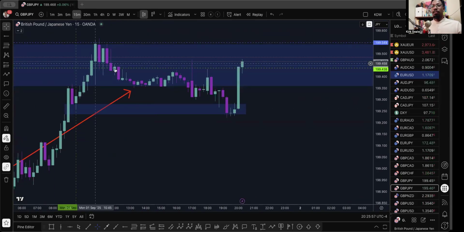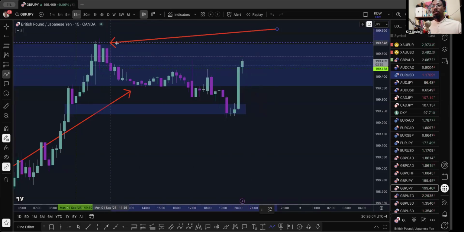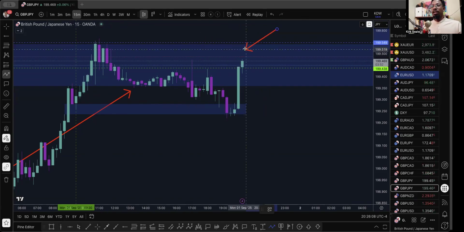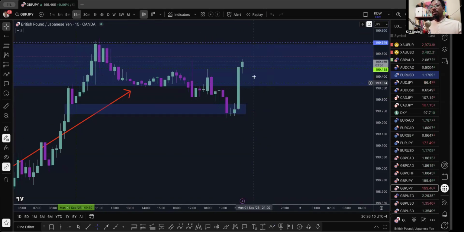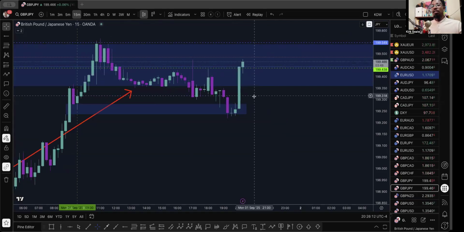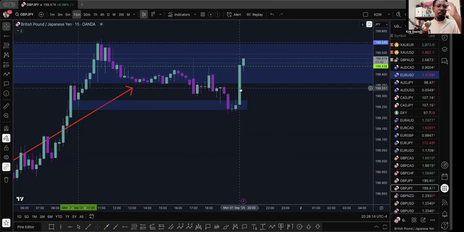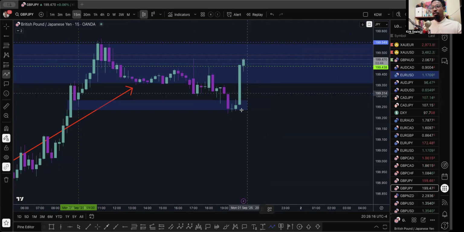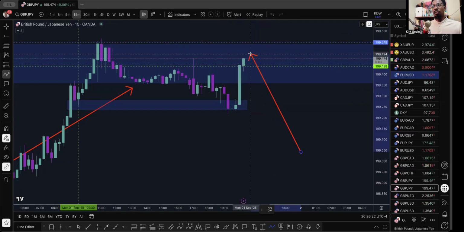It's still valid that we could sell, but price needs to stay below these wicks. We don't want price above here. If price can come up in here and give us the shift that we spoke about, because right now it's going up, but we want it to go down. So we want this uptrend to stop being an uptrend and turn into a downtrend.